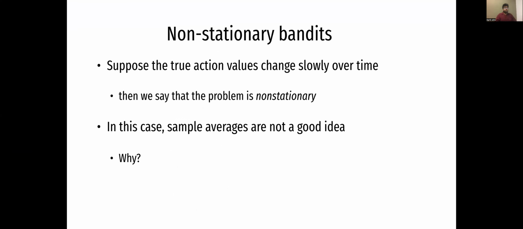But in the non-stationary case, the sample average gives equal weight to all past observations. This means old information which may no longer be relevant has the same influence on the estimated action value as recent information. So the simple takeaway from this slide is that simple averages are not a good idea in case of non-stationary bandits.